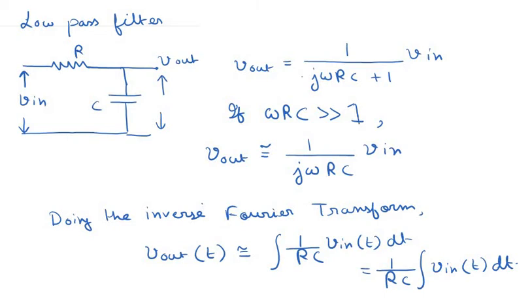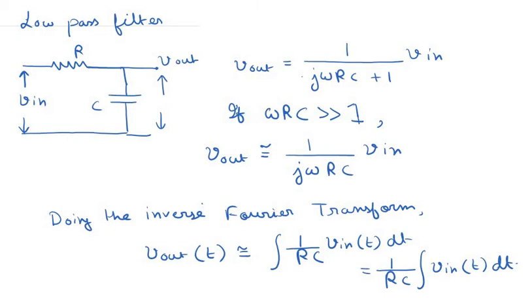Of course, when this condition is not satisfied, this circuit doesn't give you an output which is proportional to the exact integration of the input signal, but it still resembles somewhat the integration of the input signal, or it still gives you an output voltage which is related to the integration of the input voltage signal.